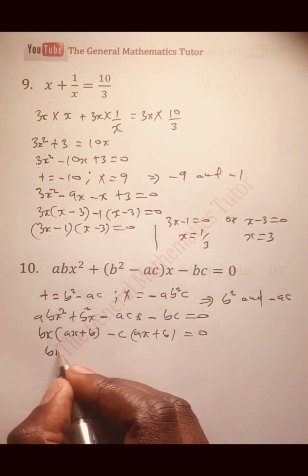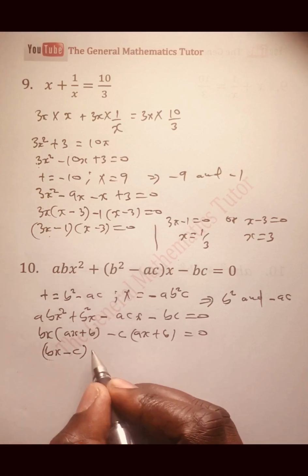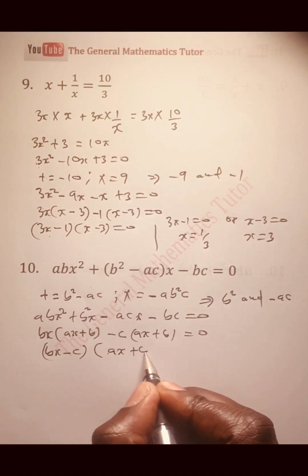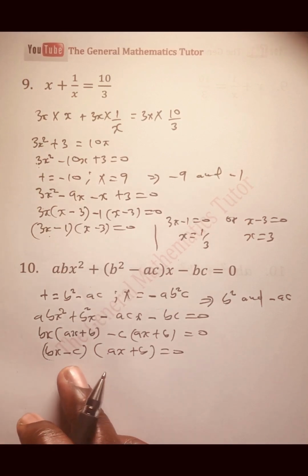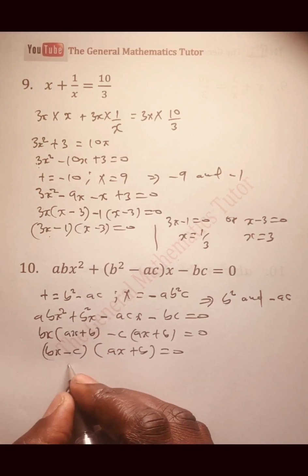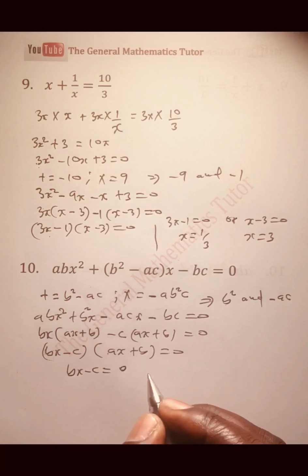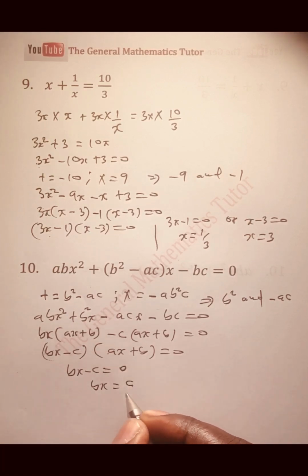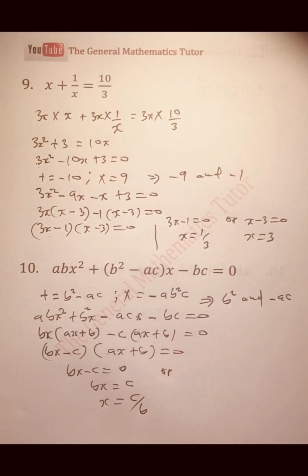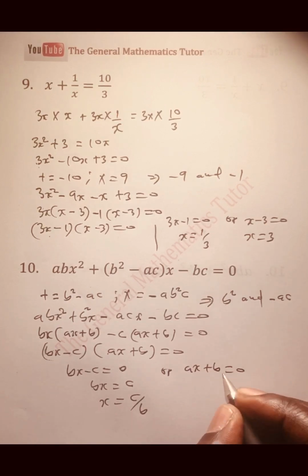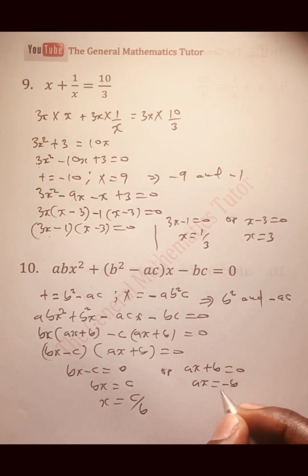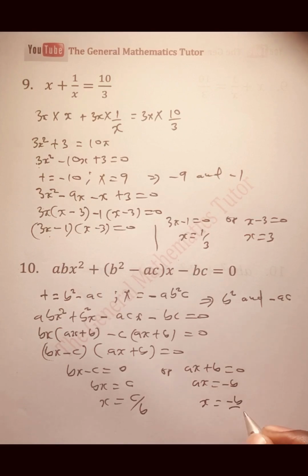So we have bx minus c into ax plus b is equal to 0. So for this product to be 0, it means either the first one or the second one is 0. So if we take that bx minus c is equal to 0, then bx will be c, so that x is equal to c over b. Or if we take that ax plus b is equal to 0, then ax is equal to negative b, so that x is equal to negative b over a.